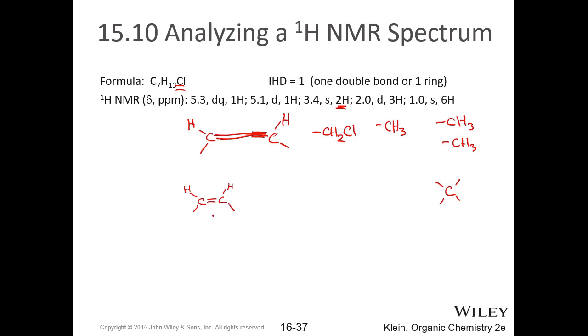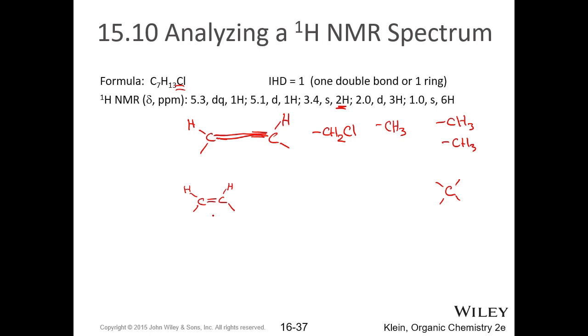The one at 5.3, doublet of quartets. So the doublet tells us it's got a 1 hydrogen neighbor. That would be this one here. It also has a quartet splitting, which means this other carbon must have 3 hydrogens on it to account for a quartet. We've got 3 methyls, so one of those is bonded there. Which one? Again, we can look at our chemical shift.